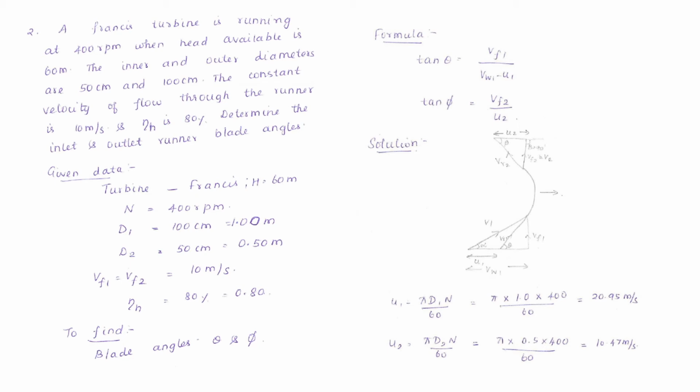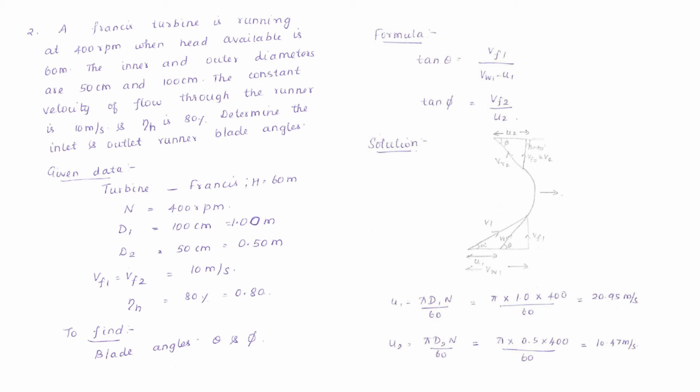So first you have to draw the velocity triangle. So it's a curved vane. Water with the velocity v1 is striking the vane, and the vane is also rotating, that is it's moving with the velocity of u1 that you have to represent.